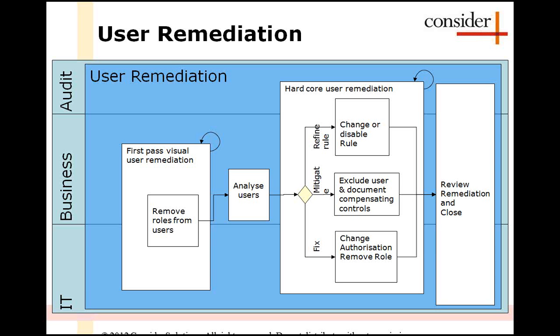The way you can address these risks is that either you evaluate that in fact it's not such a risk, it might be a false positive, the risk is not present in the organization, and in that moment you have to change the definition of the risk, and after that it is not going to be shown as a risk. Or you remove the authorization from the user if the authorizations are not needed or not used, or the activities can be given to another user.